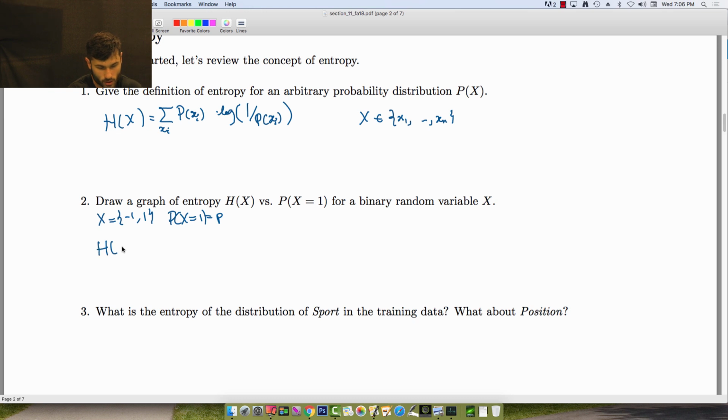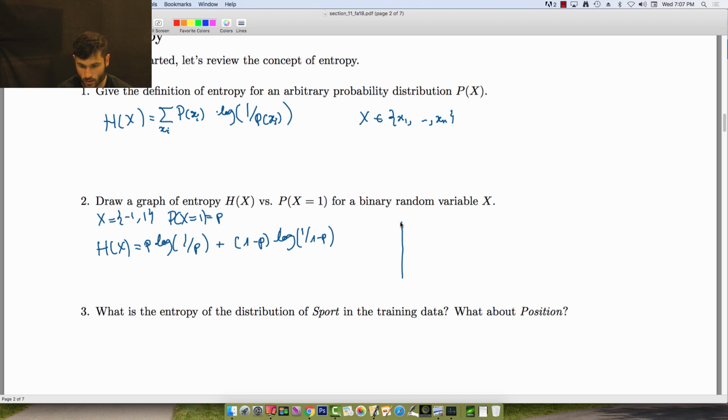So in this case, we follow the entropy formula: the probability of x being equal to 1, that is p, times log of 1 over p, plus the probability of x being -1, which is 1 minus p, times log of 1 over 1 minus p.